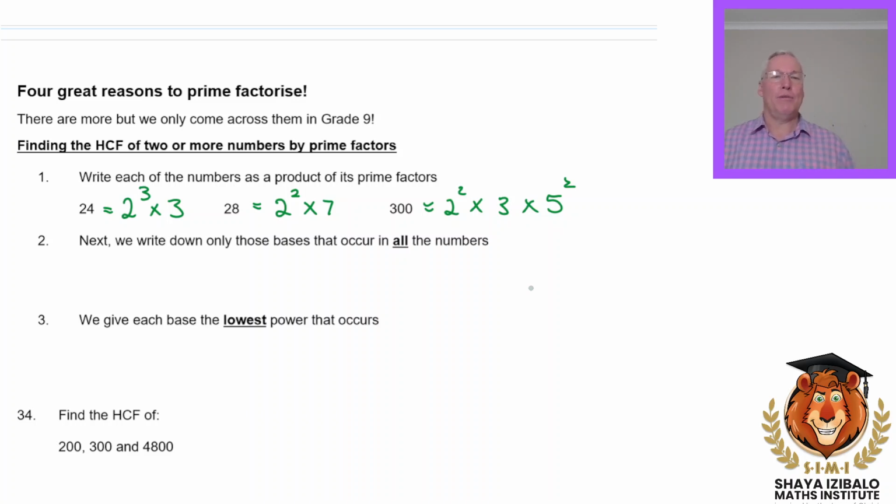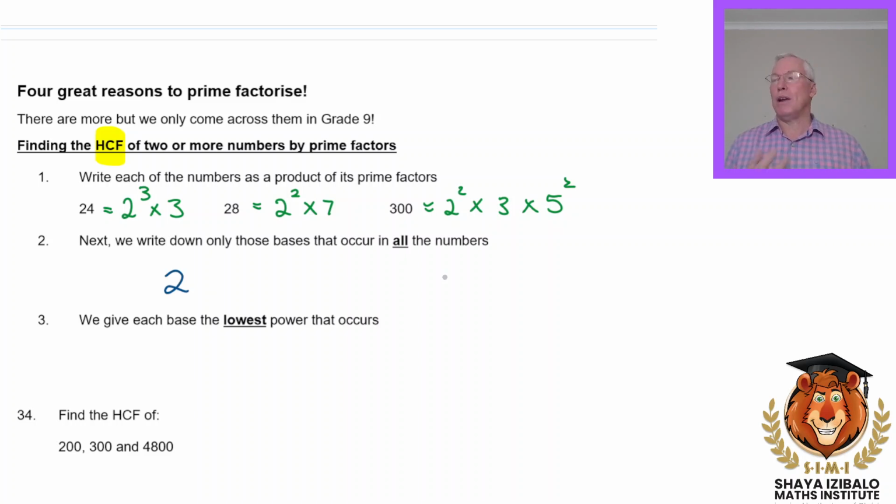Now, if we were to think about numbers that divide into these numbers, we're currently busy with finding the highest common factor. So we want a number that will divide into those numbers. Our number can have 2's in it as a base when it's prime factorized, because all of these have got 2's in.